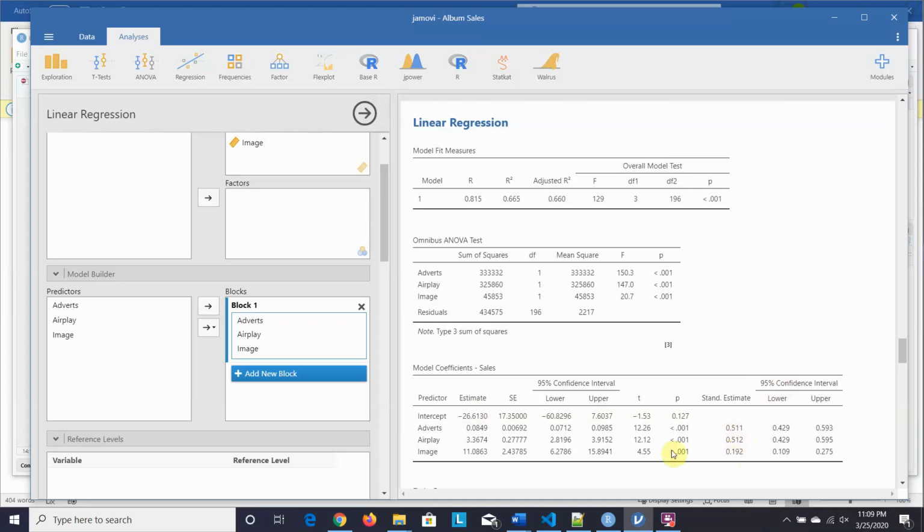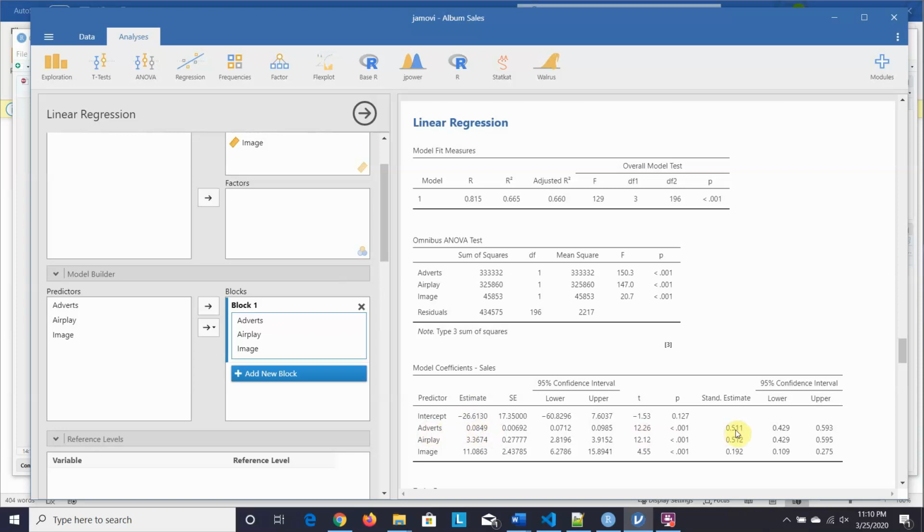And I like this example because look at this. Image has a coefficient of 11.08, but the standardized estimate is a lot smaller.